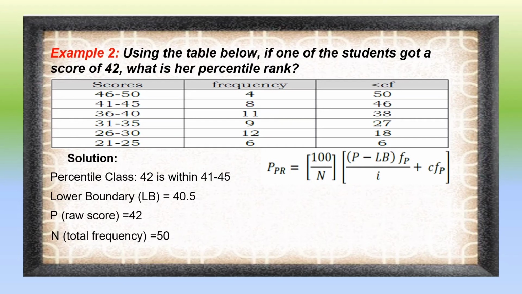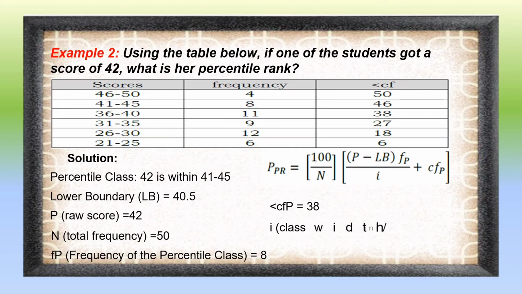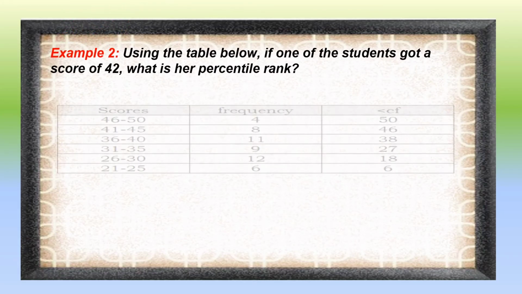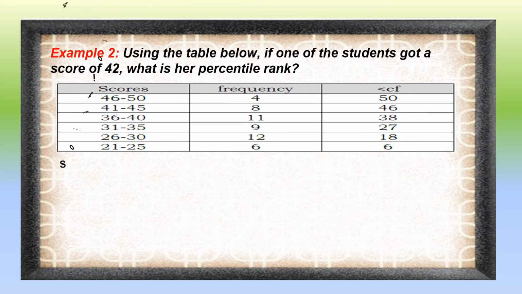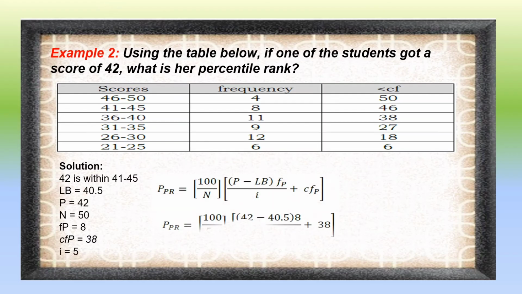The total number of frequency is equal to 50. The frequency of the said class is equal to 8. The less than cumulative frequency of the percentile class is equal to 38. Our class width or interval is equal to 5. So after we have identified the values, it is time for us to substitute them in our formula for percentile rank of group data.